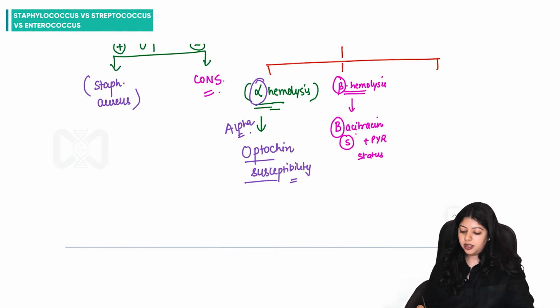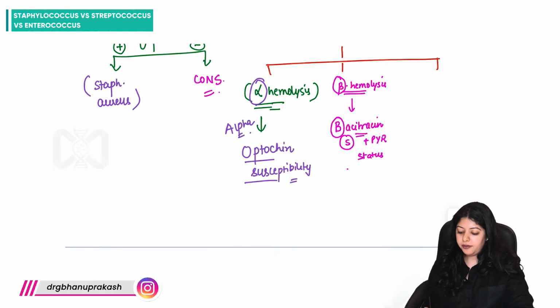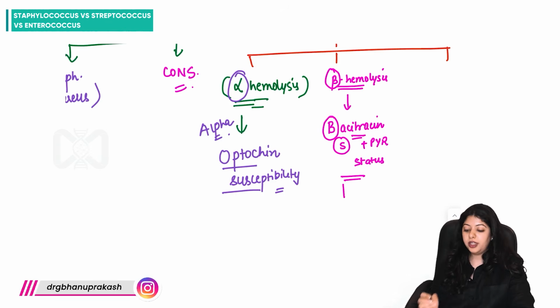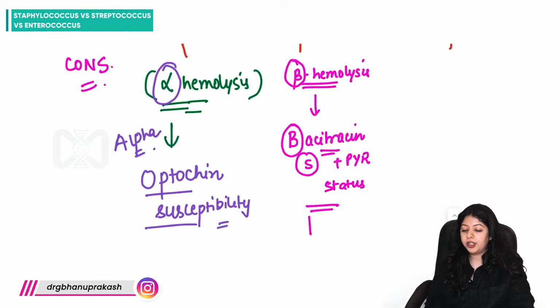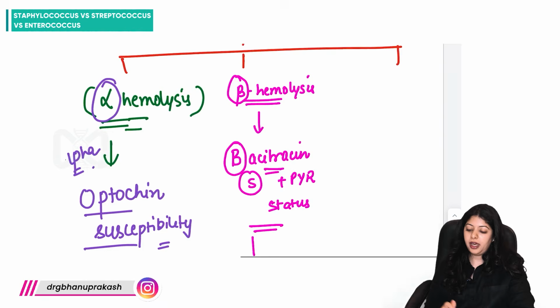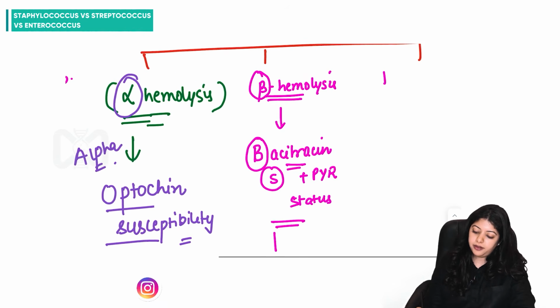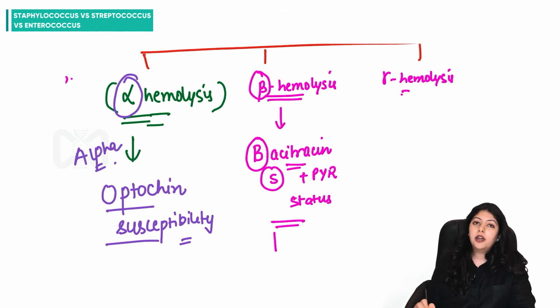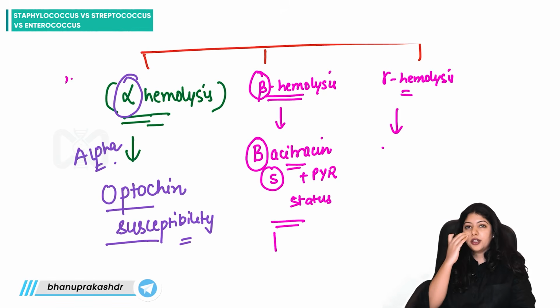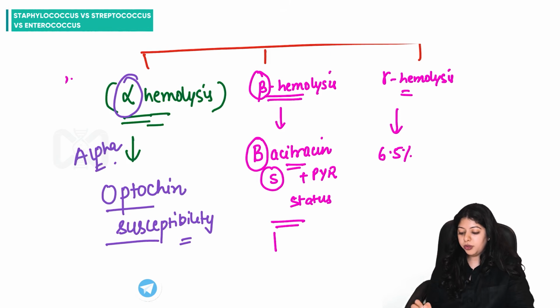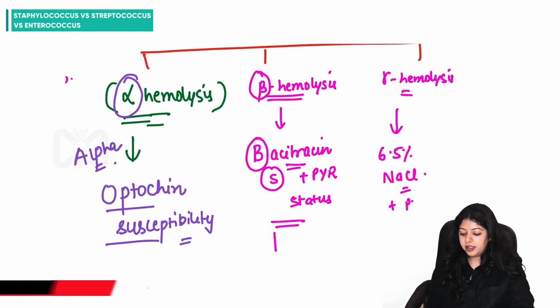So this particular test is further helping differentiate the different types of beta hemolytic streptococci. And third, we have gamma hemolysis or no hemolysis. For further identification of streptococci showing gamma hemolysis, we will be doing growth in 6.5% NaCl and PYR status.